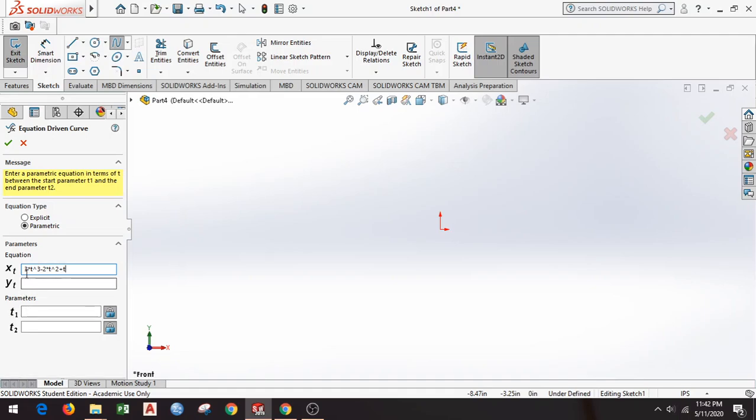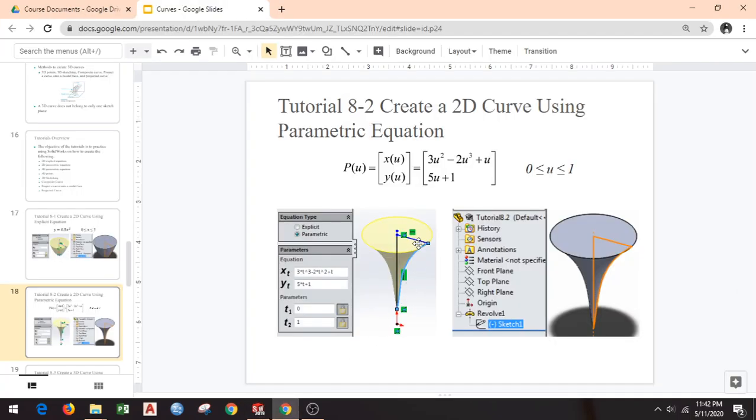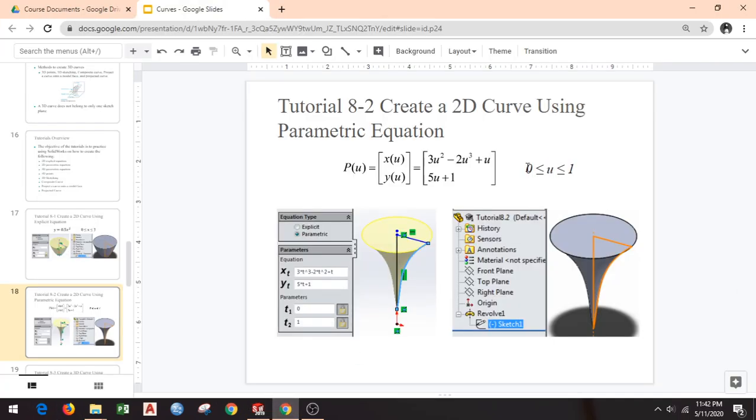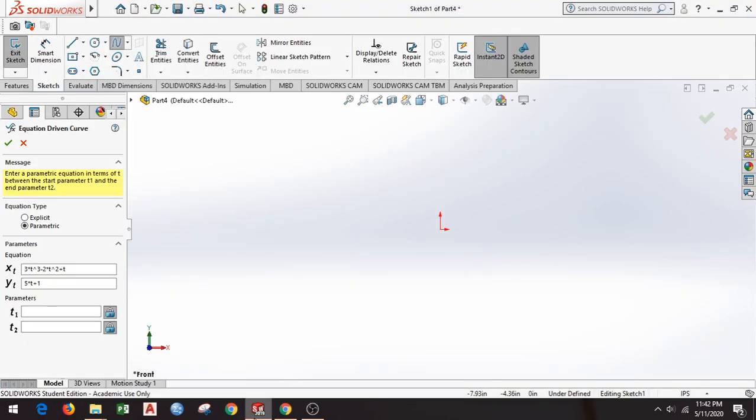So 3t cube minus 2t square plus t, and y equation is 5t plus 1. So 5 times star t plus 1, 5t plus 1. And as you know, your t value varies between 0 and 1. So we have to put these limits here. T1 is equal to 0 and T2 is equal to 1.